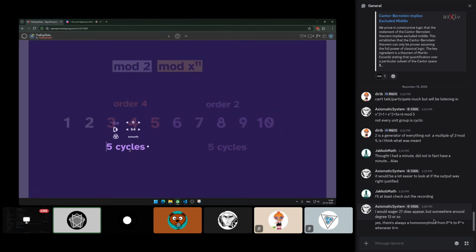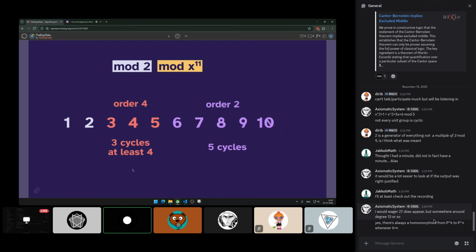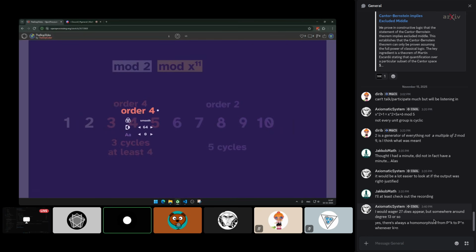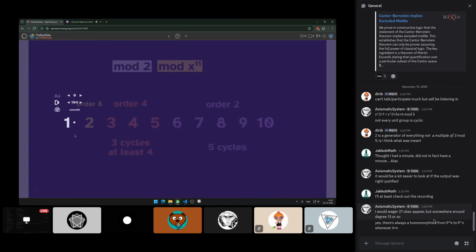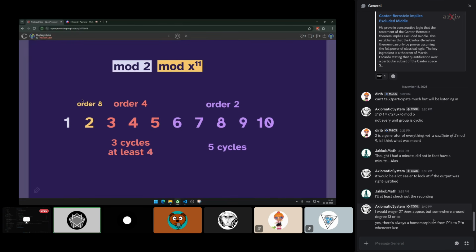So that means that we need 3 cycles at least 4. And then order 8, yeah, order 8. So there will be 1 cycle with at least order 8. And then the 1 will go away after 16.